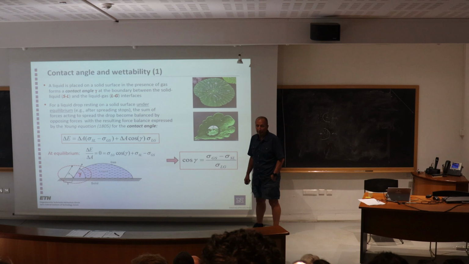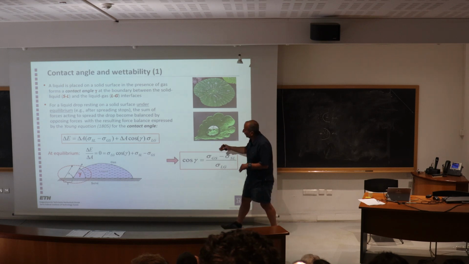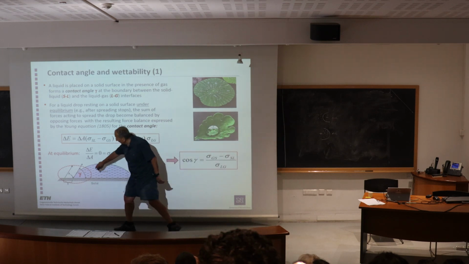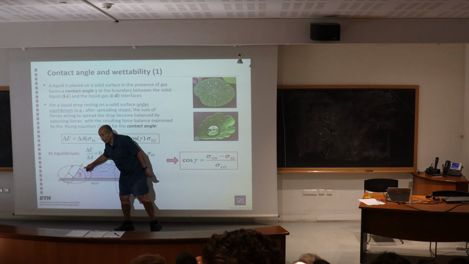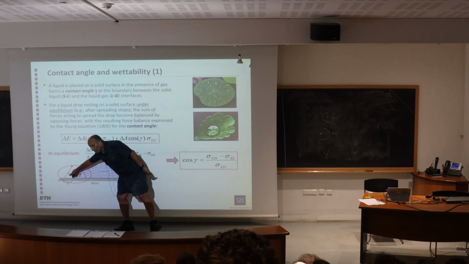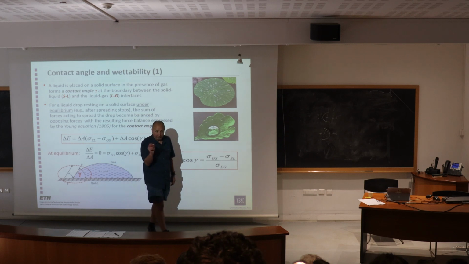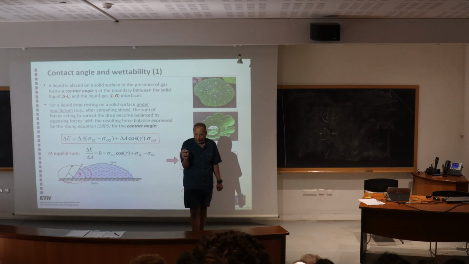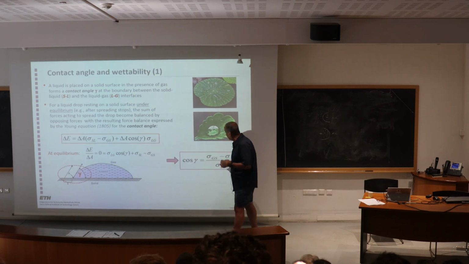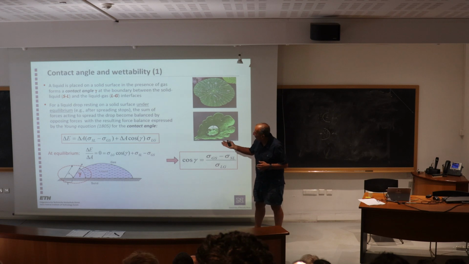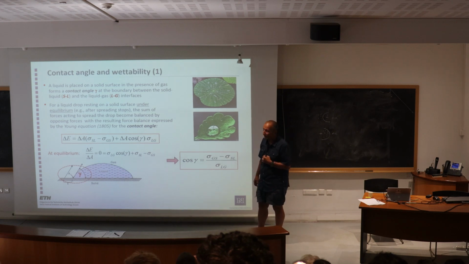At the contact line between the air-liquid and the liquid-solid, there will be a particular angle that reflects the balance of these forces. It was recognized, I think in 1805, by Thomas Young, and we'll come back to Thomas again.